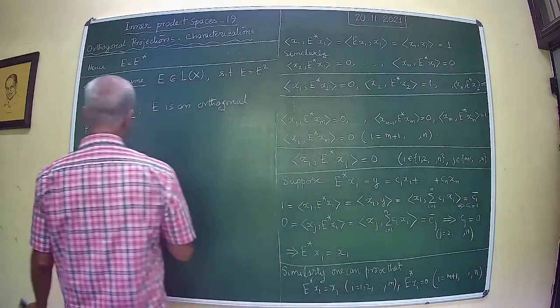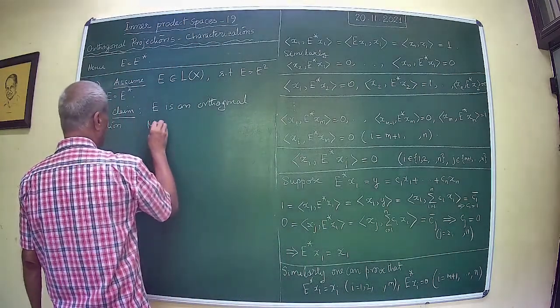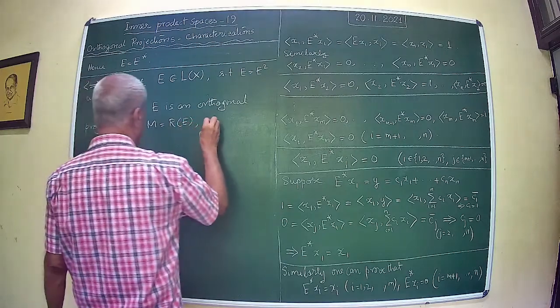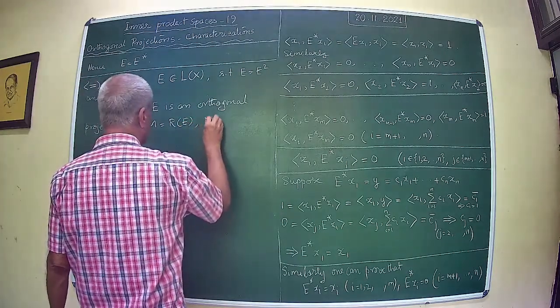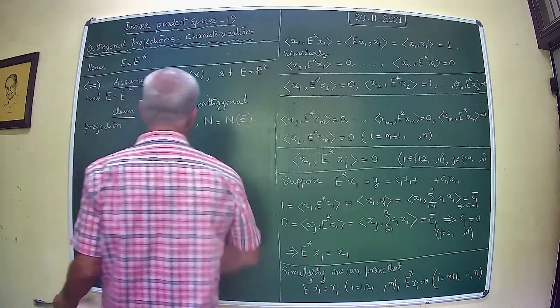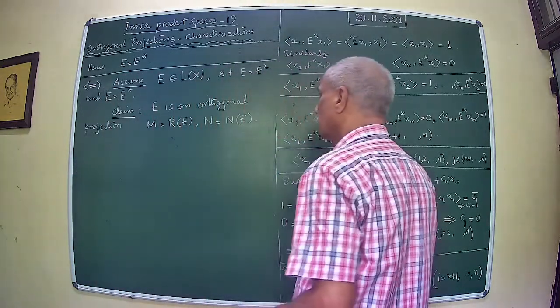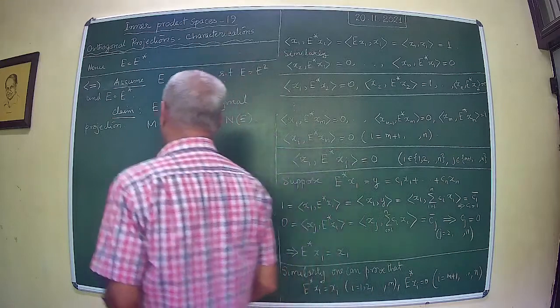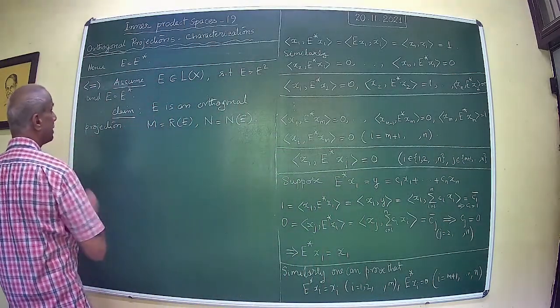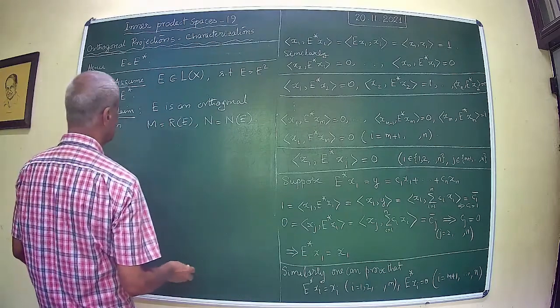So we have M equal to the range of E, and N the null space of E, and E is a projection, of course. E equal to E square, therefore E is a projection.